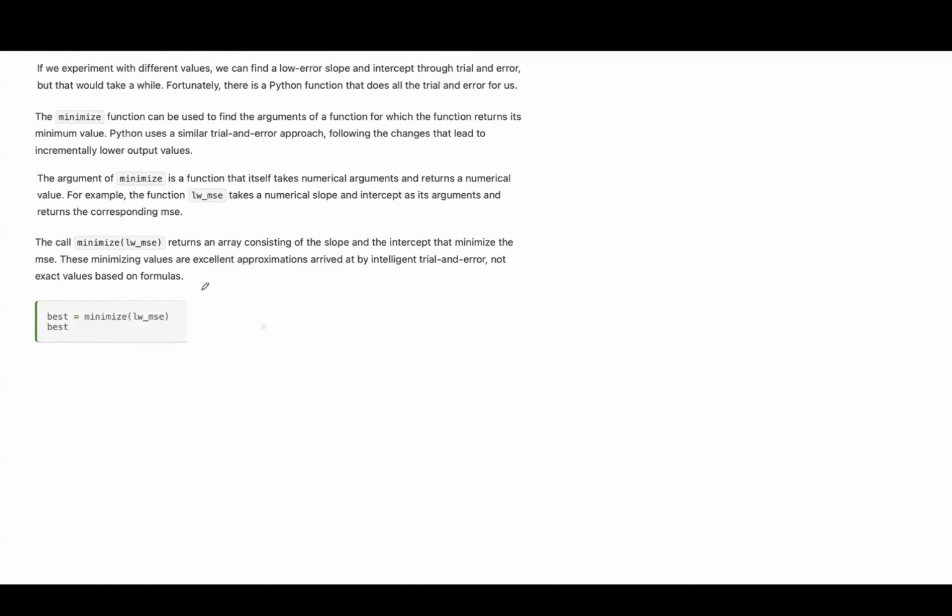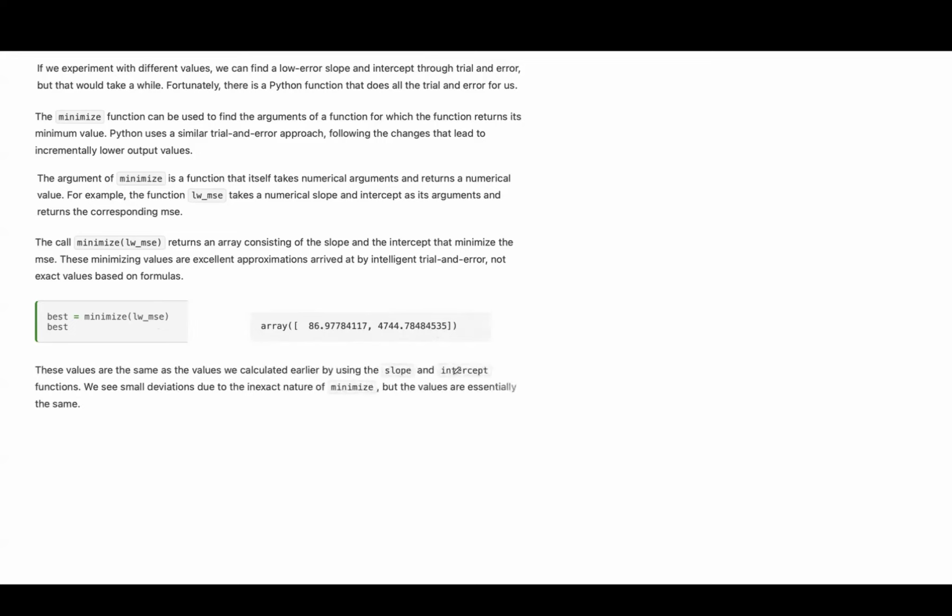For example, if we take a look at minimizing the little_women_mse, it generates the following array for you. These values are the same as the values we calculated earlier by using the slope and the intercept. We see small deviations due to the inexact nature of minimize, but the values are essentially the same.